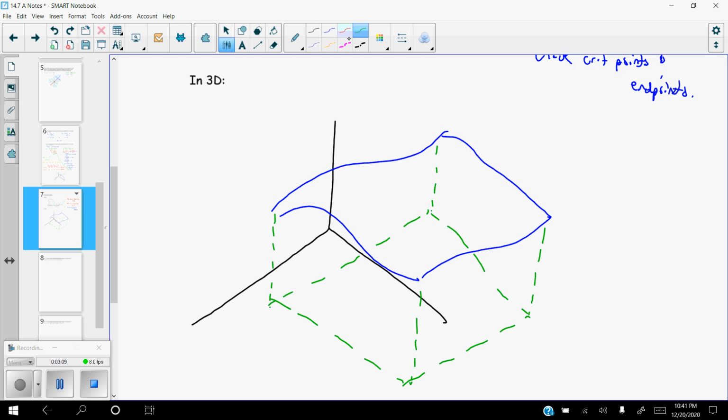But the absolute max or absolute min of the surface is going to lie above that rectangular or square region. So we'll say the absolute max or min of the 3-dimensional surface here is going to be above the rectangular region.